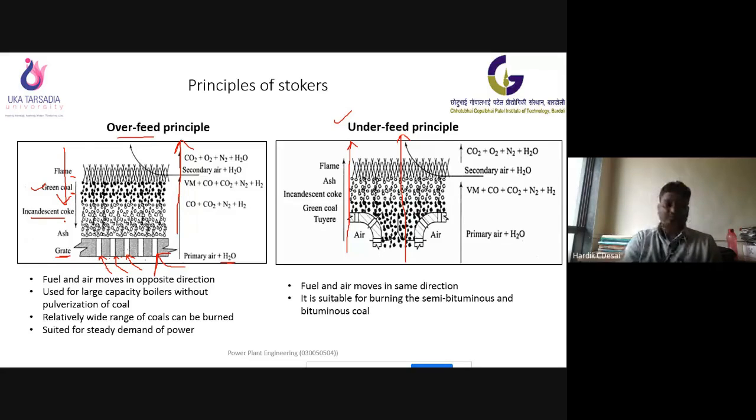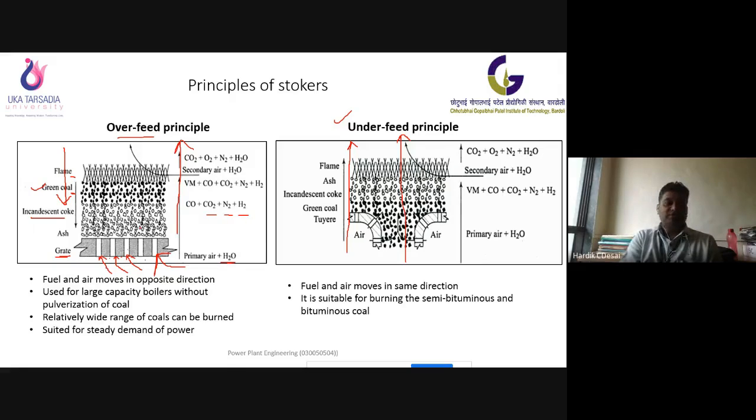Let us start understanding the process. Here you will have the primary air. When this primary air comes into contact with this incandescent coke, we will have the formation of carbon dioxide, nitrogen and hydrogen.